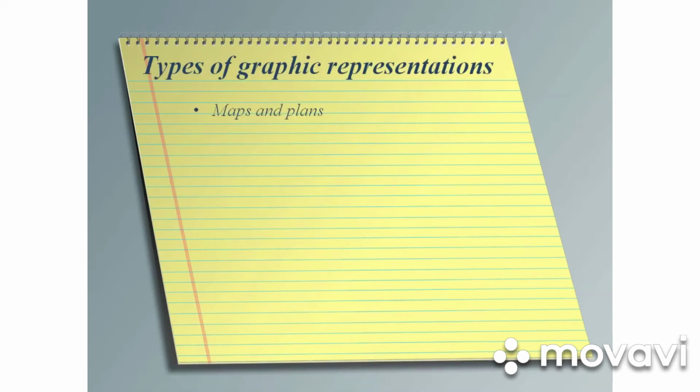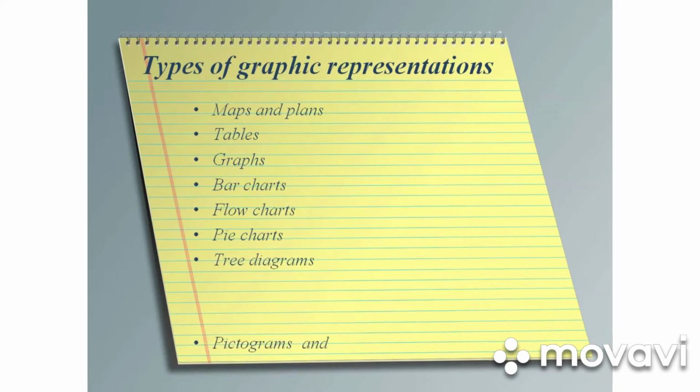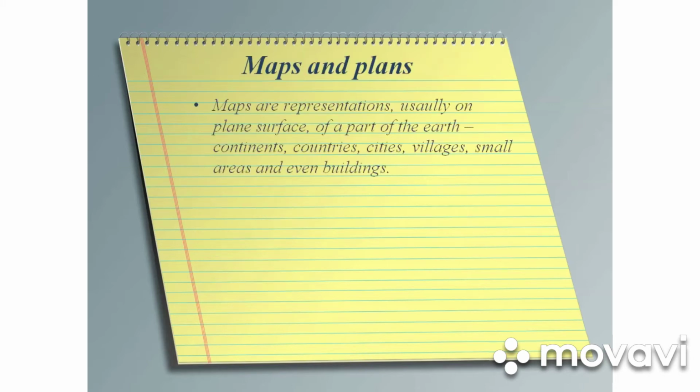Next, let's move to what are the types of graphic representations. So maps and plans, tables, graphs, bar charts, flow charts, pie charts, tree diagrams, pictograms, and diagrams. Let's discuss one by one. Maps.